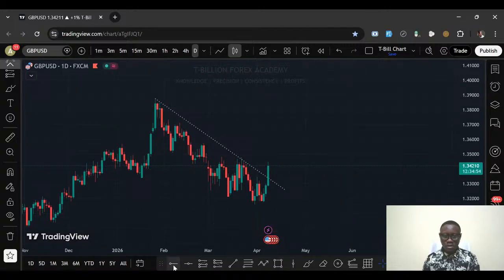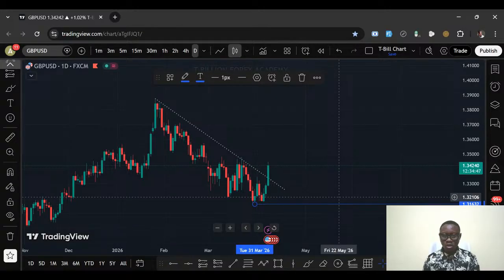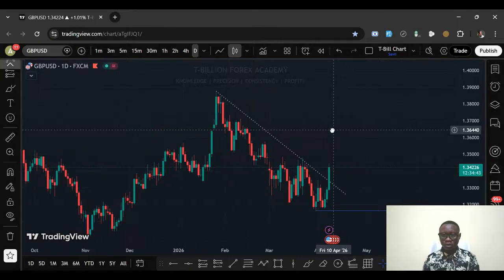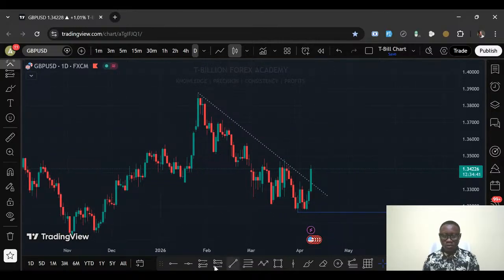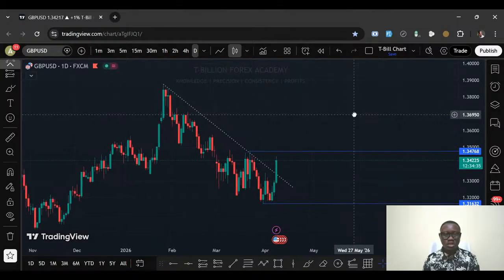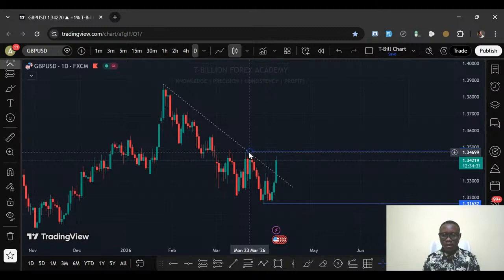So we have this low, expecting price to take it out in order for the bearish trend to continue. Of course, we also have this external liquidity resting right here. I'll remain bearish on GBP USD until price takes out this swing high.